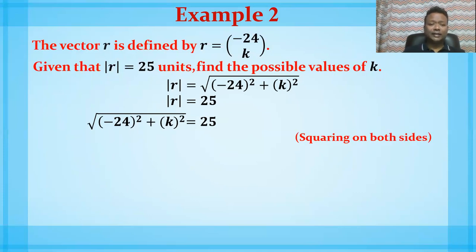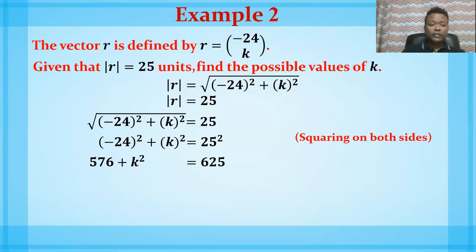Squaring on both sides, we have (-24)² + k² is equal to 25², which leads to 576 + k² is equal to 625. Now we can eliminate the 576 from the left-hand side by using its additive inverse on both sides, which is -576.